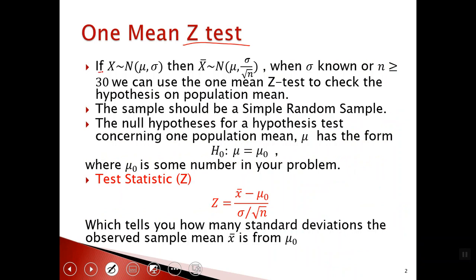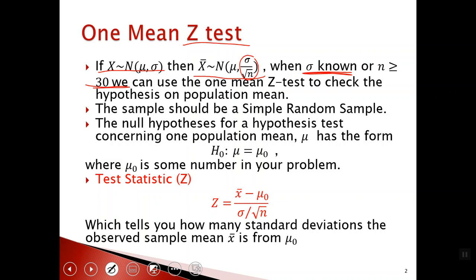If we have our population like this, known mu and sigma, then we can say that our sample mean x bar has a normal distribution with mean mu and sigma over square root of n. When sigma is known, that's really important. Or when n is greater than 30. Why n is greater than 30?